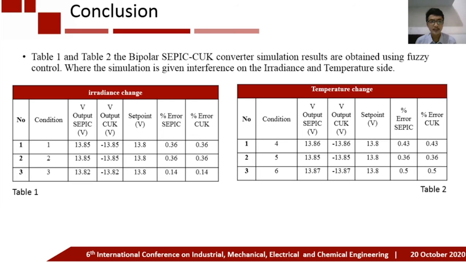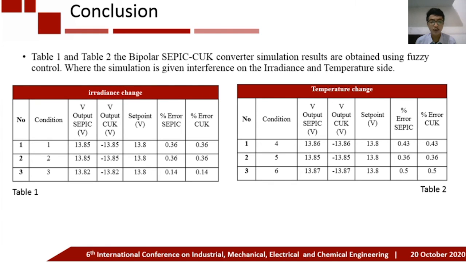It produces static voltage output of 13.82 and 13.85 volt, while for CUK it is negative 13.82 and negative 13.85, with an average error of 0.14 to 0.36%.